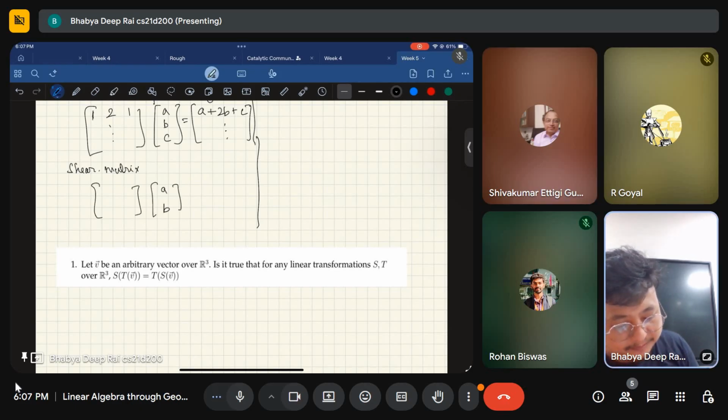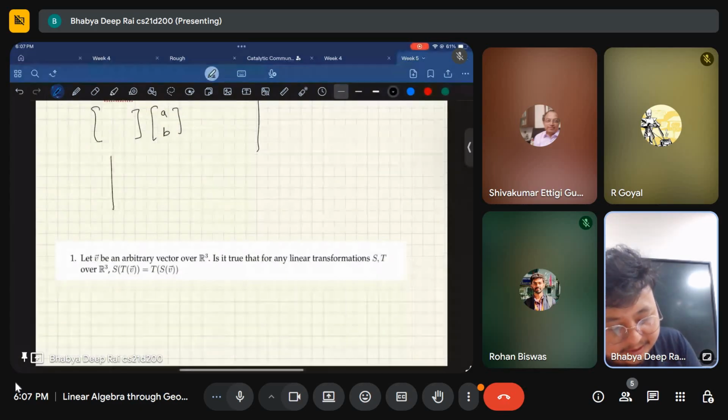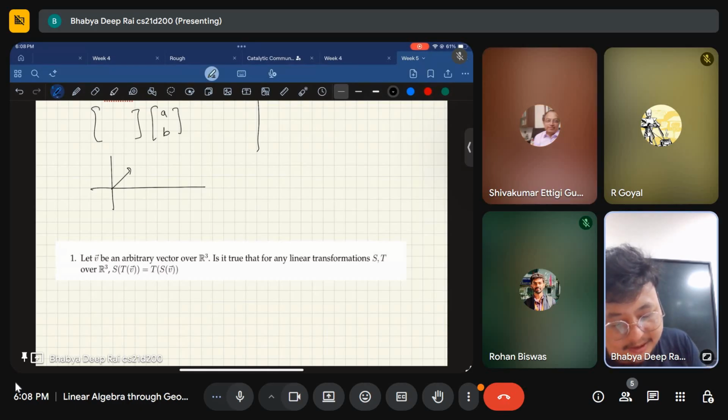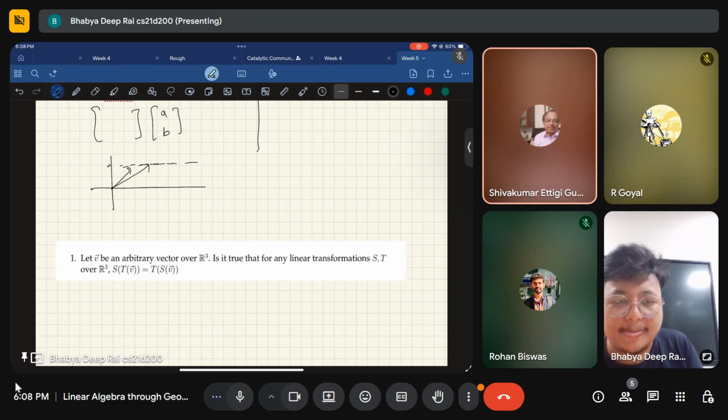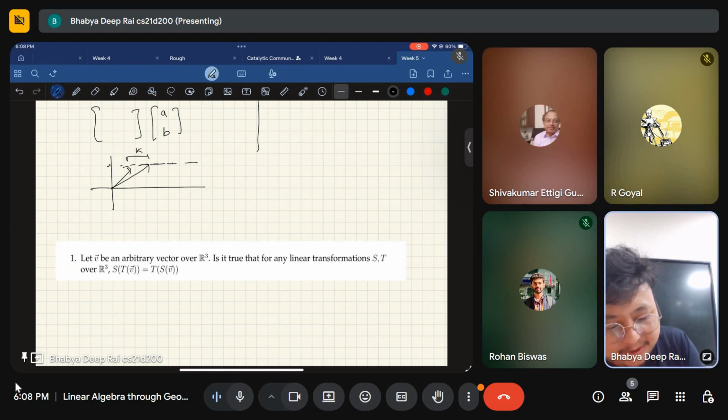If you have a vector which looks like this, A, B, what you want to do is keep the B component the same, but shift the A component like this by some factor K. So what you can do is multiply A by K and B by 0, and the second row by 1.